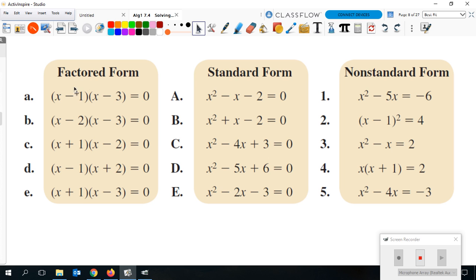These are two factors of a standard form equation. We could factor these trinomials into these two binomials. This is the form we're going to see today. We need to have it in this form in order to solve it in factored form.